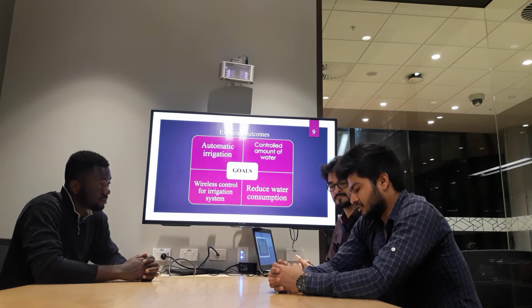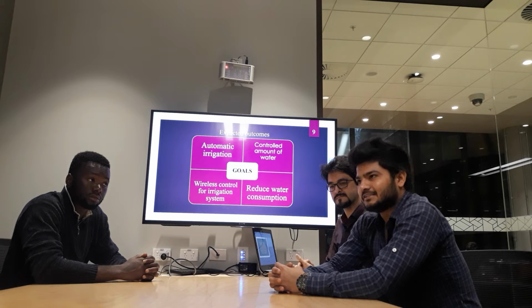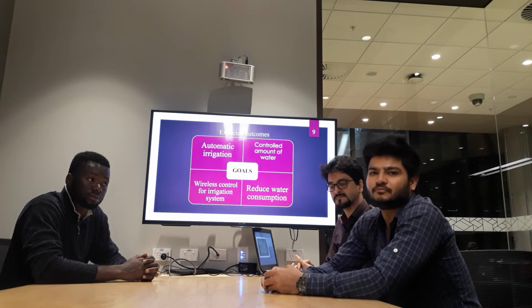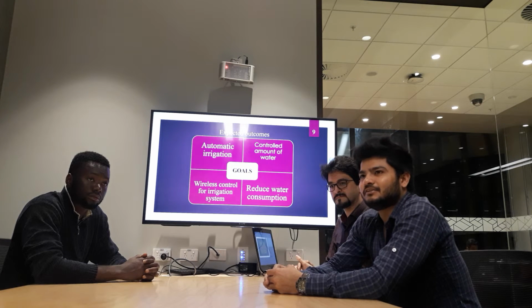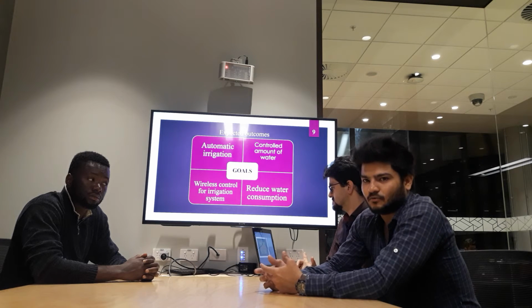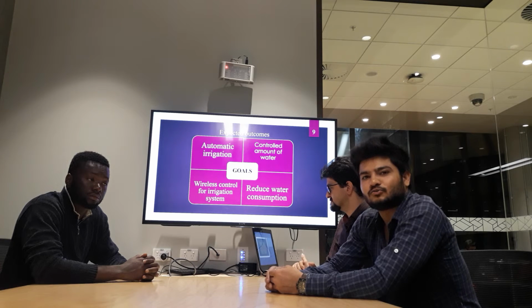Secondly, we can control the amount of water. Whatever time we need to irrigate our farm, we can do the irrigation within that time. Whenever it requires water, the water pump will operate and supply water to our farm.